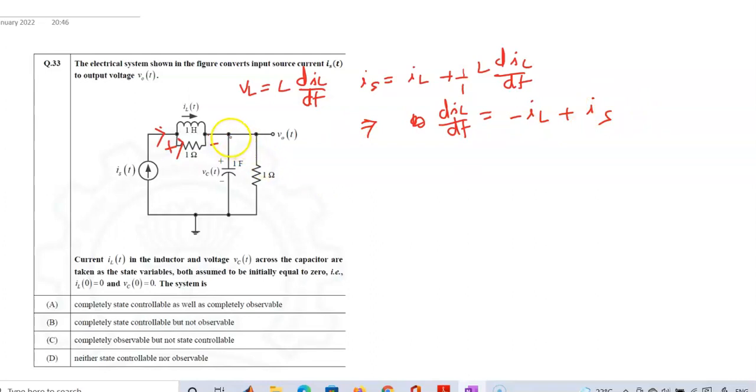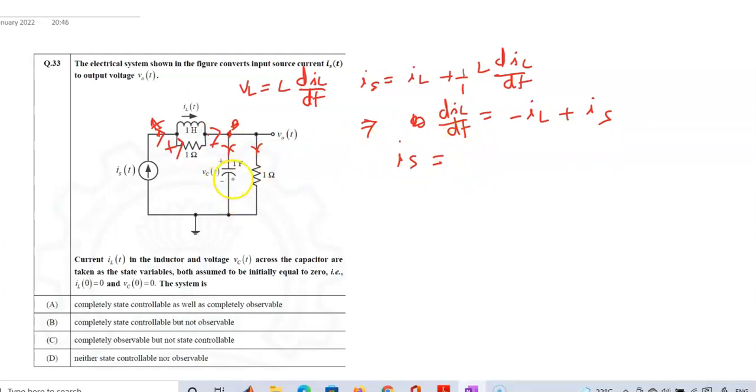Now come to the second state variable. Again, we'll apply KCL at this point B; before, we applied it at point A. You can see that IS is equal to this current plus this current.